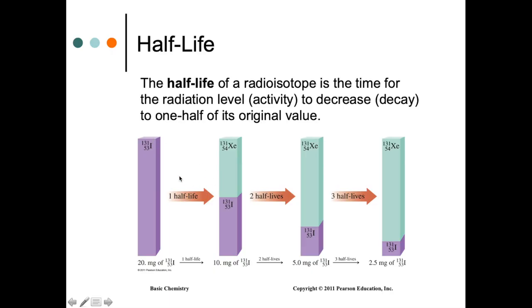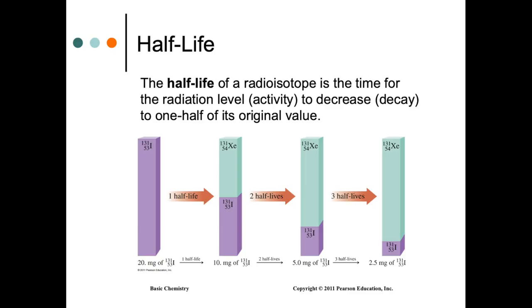You wait for that exact same amount of time, wait that again, and your 10 milligrams drops down to 5 milligrams, which is exactly half of what you were at in that previous half-life. And then again, if you wait that same exact amount of time, your 5 milligrams will drop down to 2.5 milligrams.